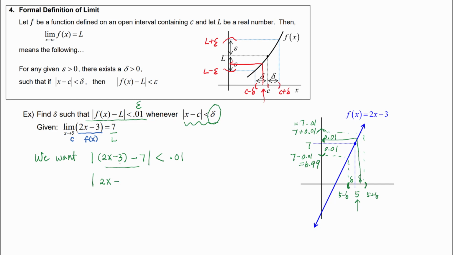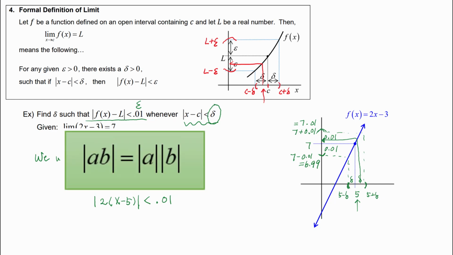2x minus 3 minus 7 is 2x minus 10. We want the absolute value of that to be less than 0.01. Now we can factor 2 out from 2x minus 10, so that will be 2 times x minus 5. But from an algebra fact, the absolute value of AB is equal to the absolute value of A times the absolute value of B. So we can separate this absolute value, and the absolute value of 2 is 2.